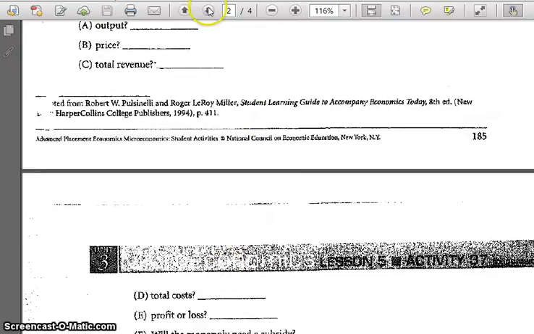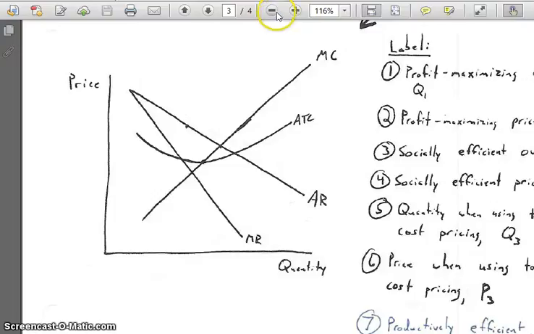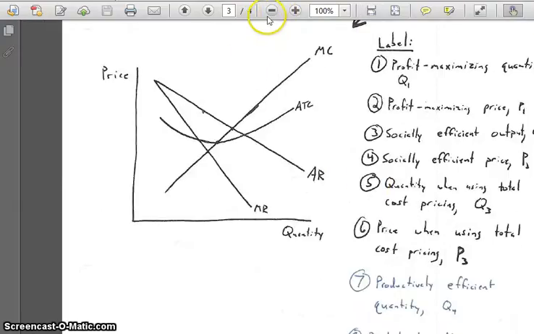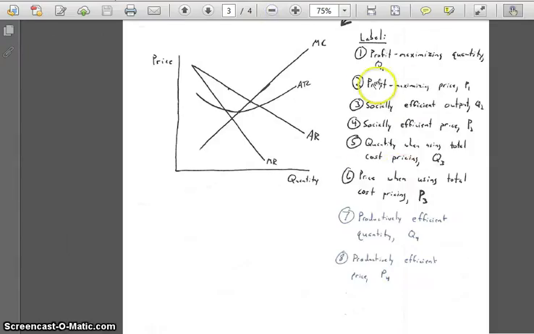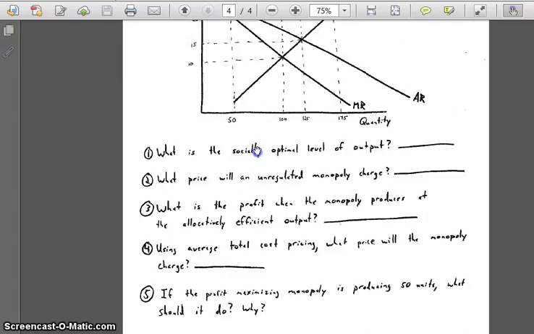And let me just scroll down here. You're going to do this right here, which, despite my cat scratch, is still a great problem. You got to be very careful here with your labeling, all right? It can get a little cloudy, a little murky, so you got to try to be very neat, all right? And then on the back, you have a few problems too. So that is your pages 3 and 4, I believe, in your packet. Okay? Go do those now.